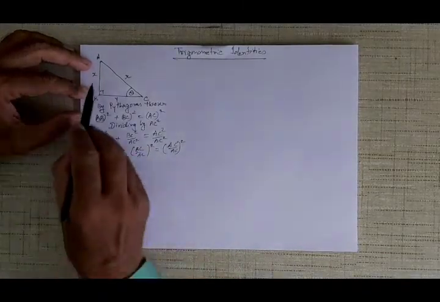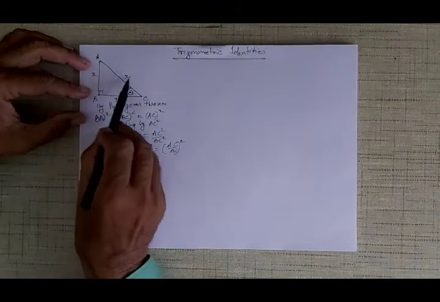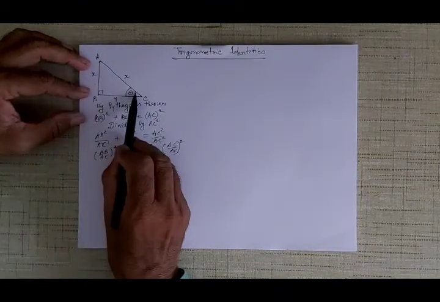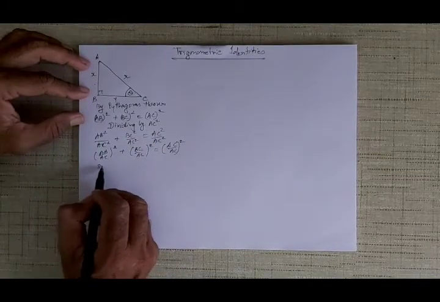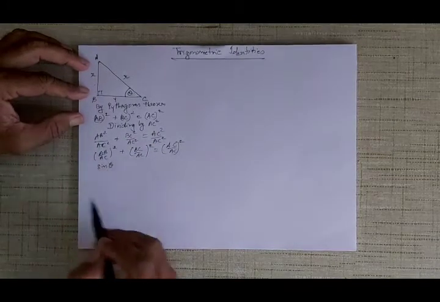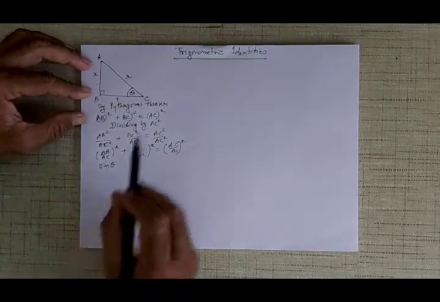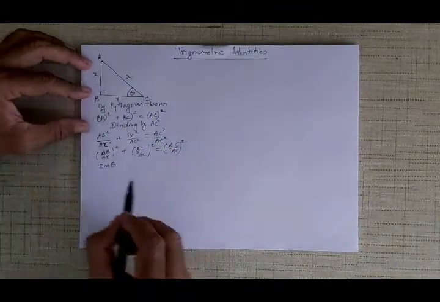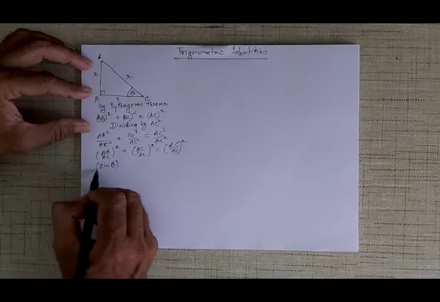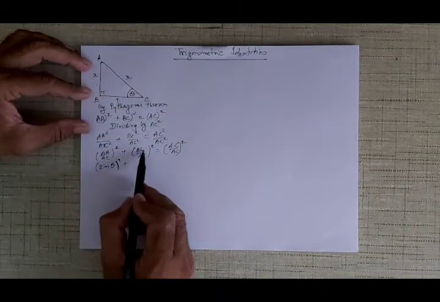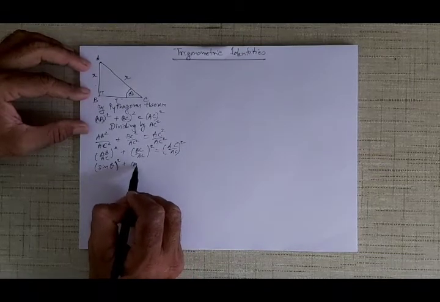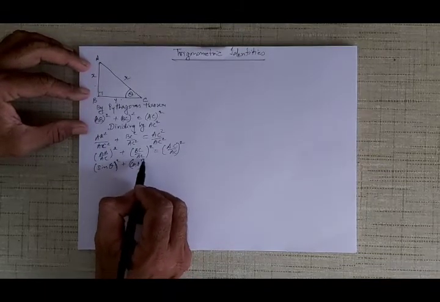Now AB upon AC, opposite side upon hypotenuse with respect to angle theta, is sine theta. Whether you call it angle C or angle theta, it is the same thing. So sine theta whole square plus adjacent side upon hypotenuse, BC upon AC, is cos theta whole square.